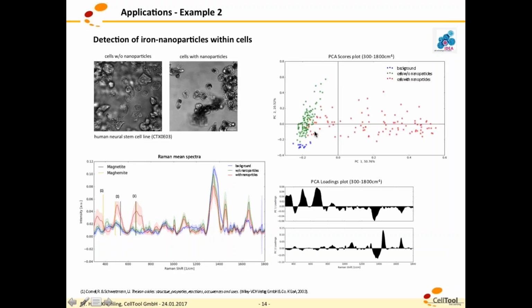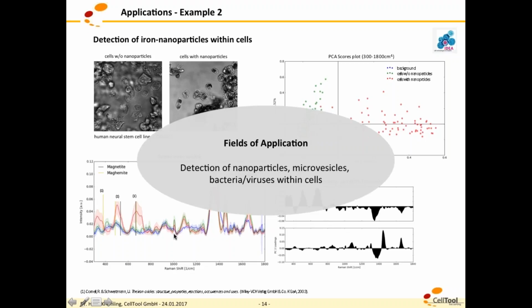And this could also be very well detected in the scores plot. Here you see the background, the control cells, and a broad amount of cells which are treated with nanoparticles, whereas the more the cells go to the right, the more nanoparticles they included. And also in the PCA loadings, it can be clearly seen that these three peaks, which are also visible in the Raman spectra themselves, are most important for sample discrimination.